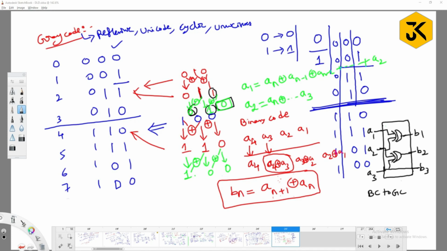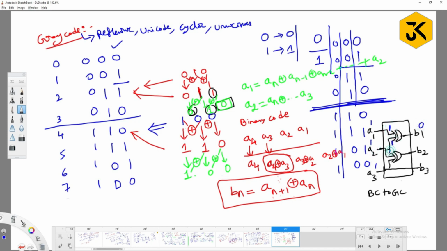See, now try to observe and analyze. If I take some number, 111, and give 1 here and 1 here, that 1 will occur here and 1 also here. What is the XOR operation of 1 and 1? 0. B1 output is 0.